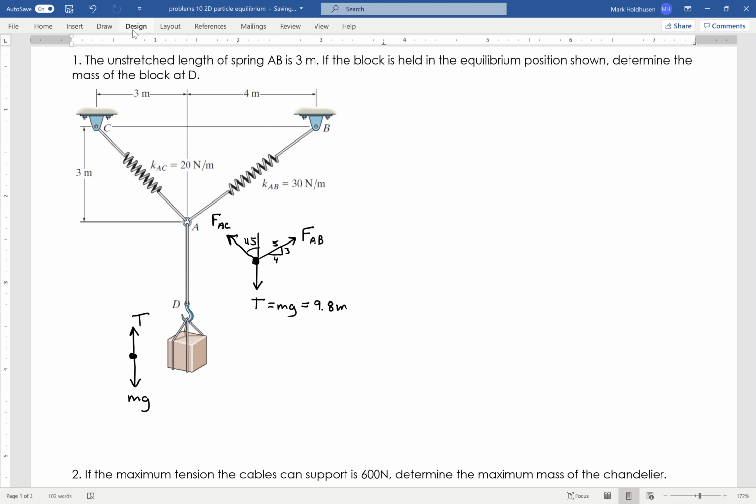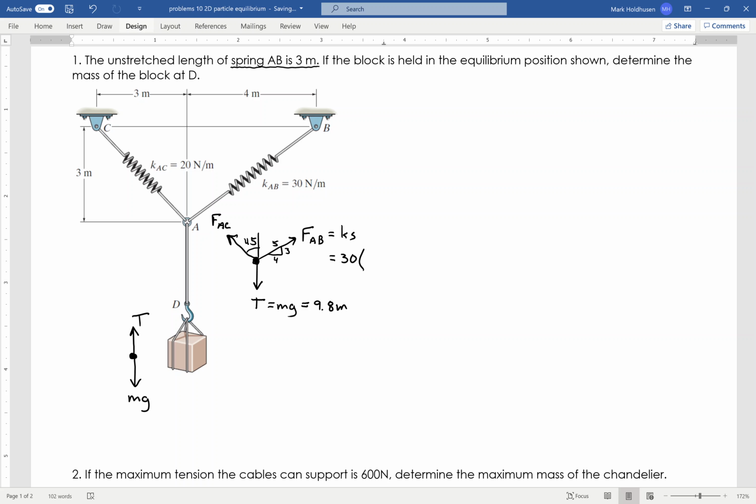Now finishing going through my free body diagram, there's a few other things that I know. Again, I know the unstretched length of spring AB is 3 meters. Therefore, I know the force in this spring right here, which again is going to be K times S, where K is the spring constant of 30 and S is the stretch in the spring.